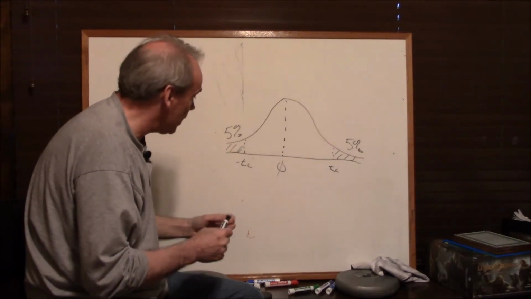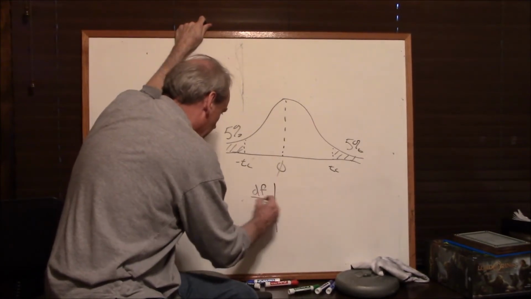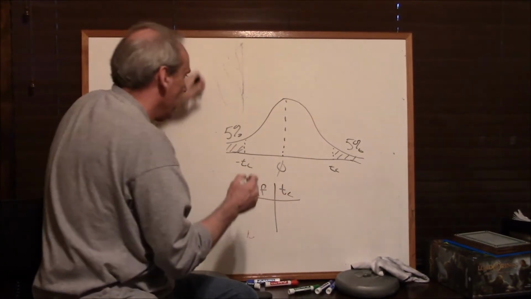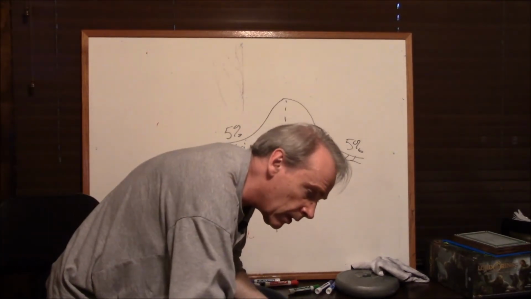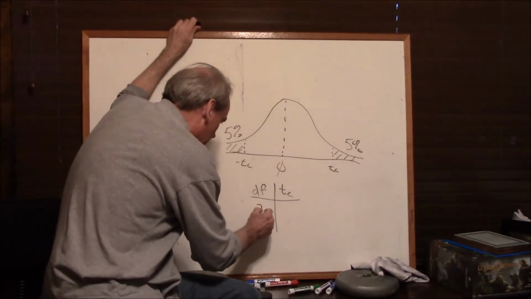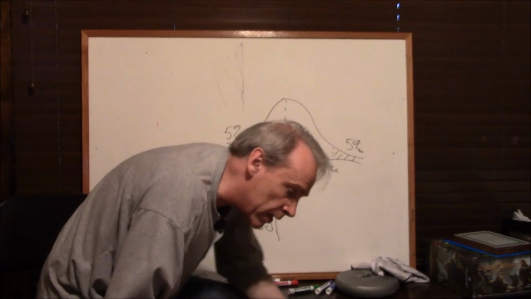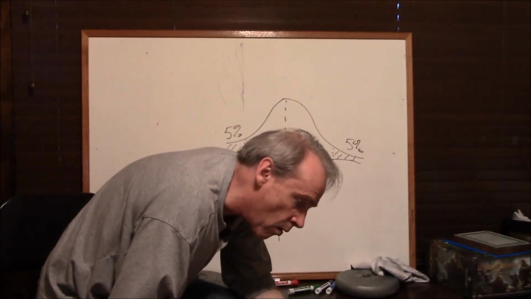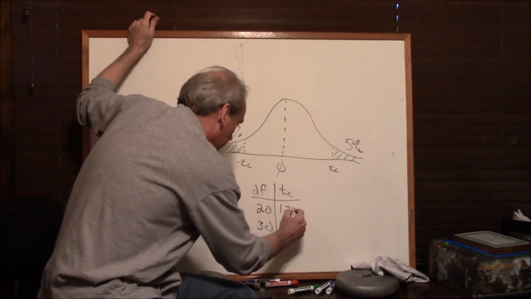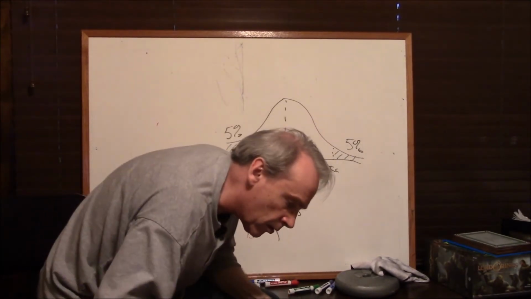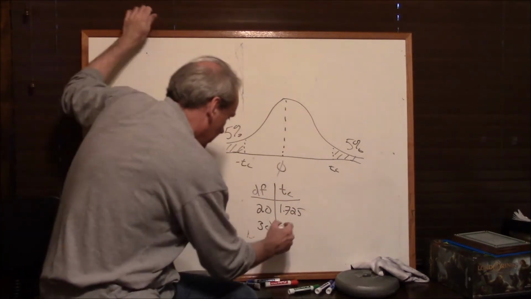And then when you look up the table, let me do this again. Degrees of freedom and critical t-value for a two-sided test, 10% level of significance. Let's do 20 and 30. Two-sided test, 10% level, 20 is going to be 1.725 and 30 is going to be 1.697.